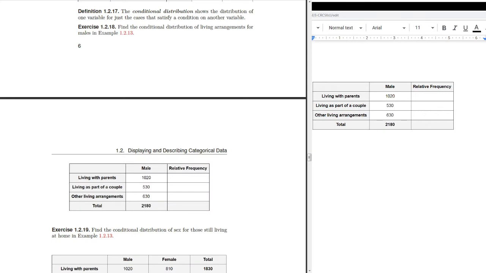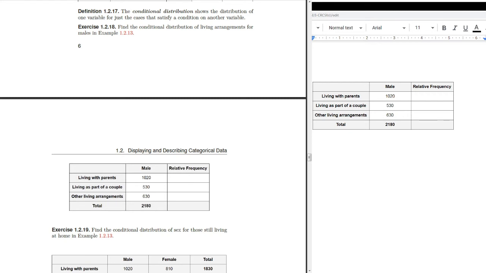The conditional distribution is the distribution of one variable for cases that satisfy a condition on another variable. You can think of this distribution as just focusing on either one row or one column in the contingency table. So let's have a look at a couple of examples. Let's first find the conditional distribution of living arrangements for males.